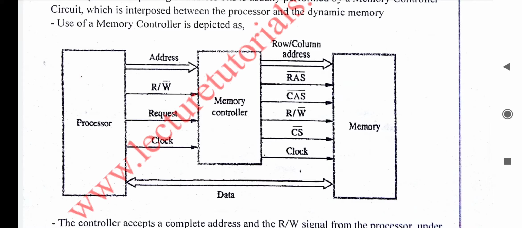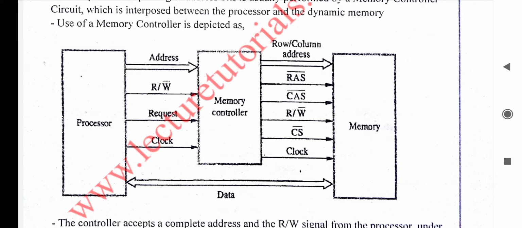From the memory controller to the memory, we have some connections: first, the row or column address, then RAS and CAS, read or write signal, CS (chip select), and clock.